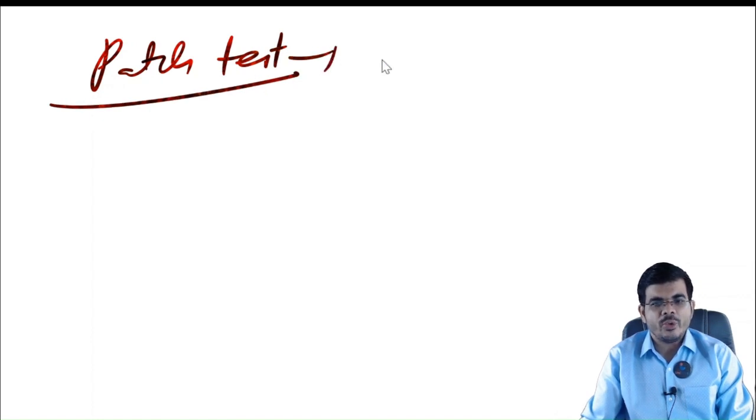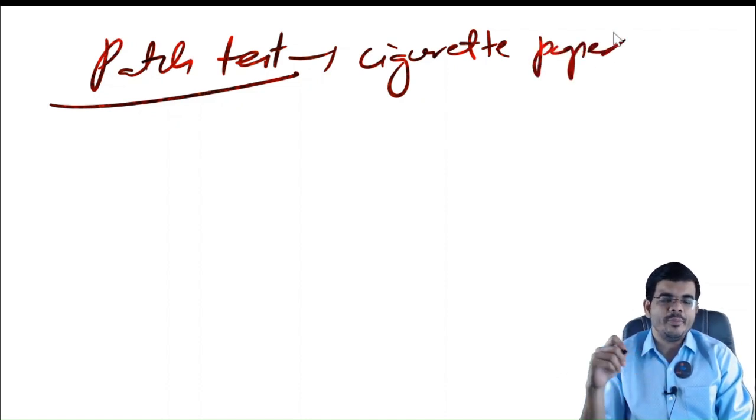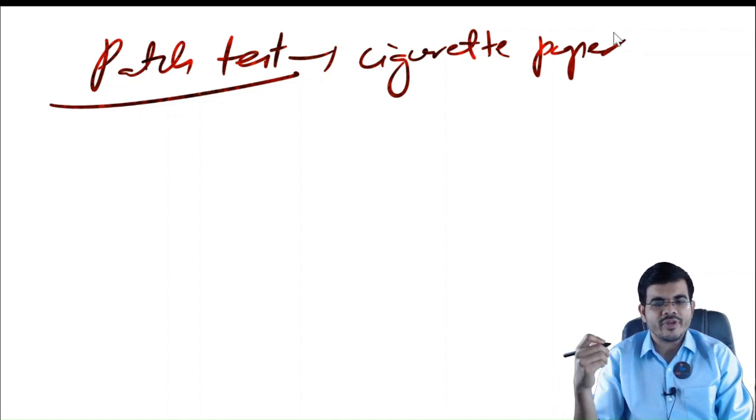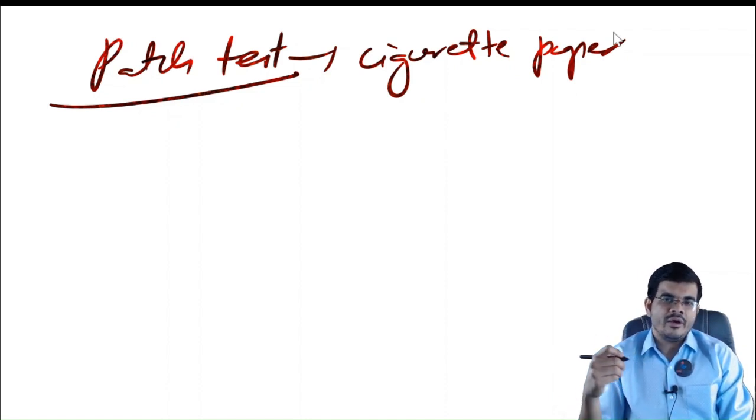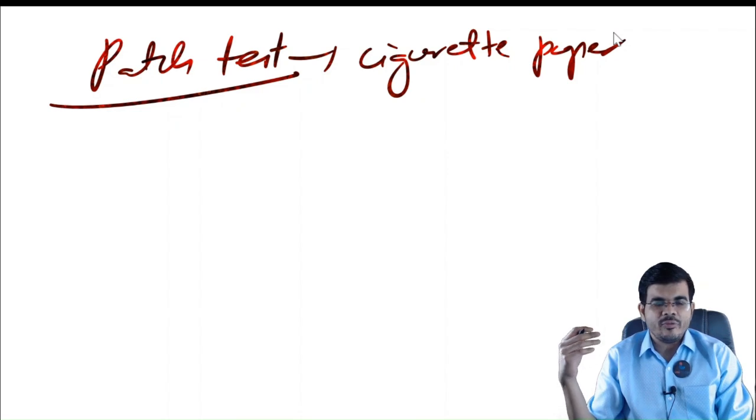You use a cigarette paper and close that perforation and check whether the patient's hearing improves, as it would after repair of the tympanic membrane. If after putting the cigarette paper and doing a pure tone audiogram the hearing has improved, then you will do a laryngoplasty. If the hearing is worsening, then you go for a tympanoplasty.